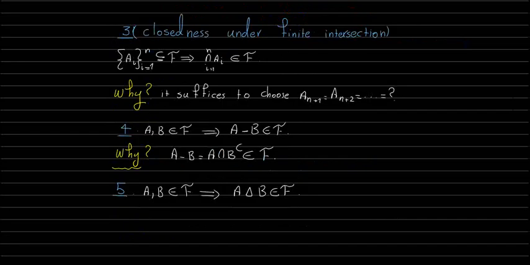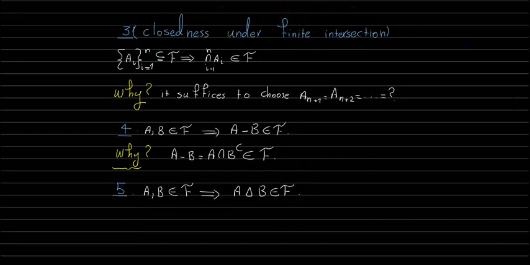The fourth property is closedness under subtraction. If we have A and B as elements of F, then we can say A minus B is also an element of the sigma algebra.